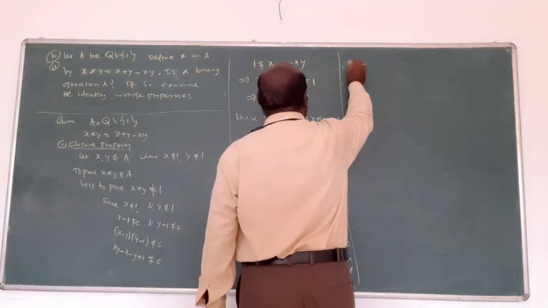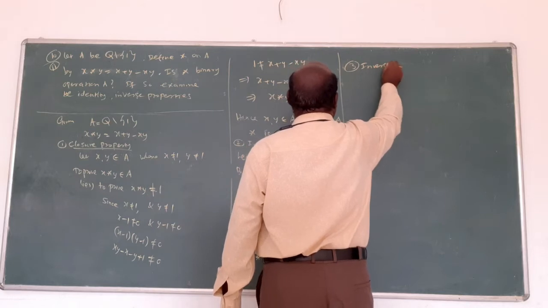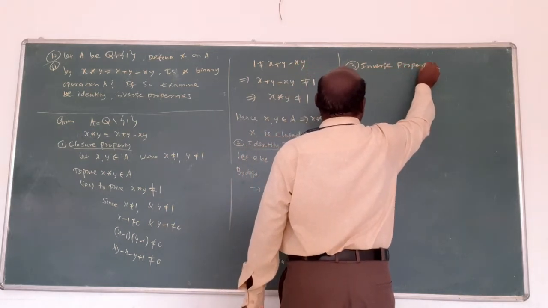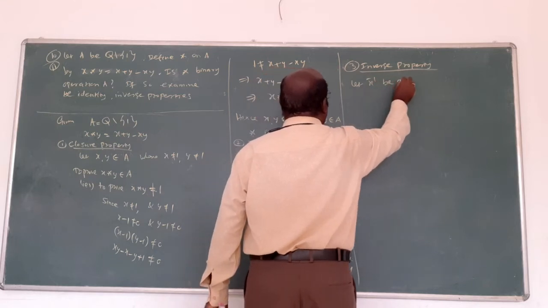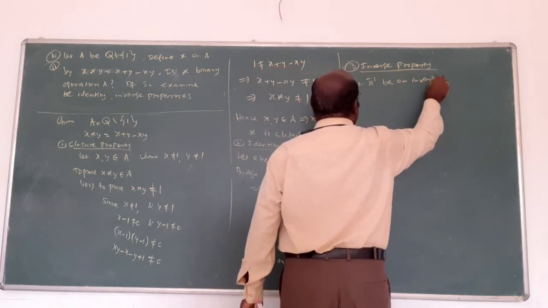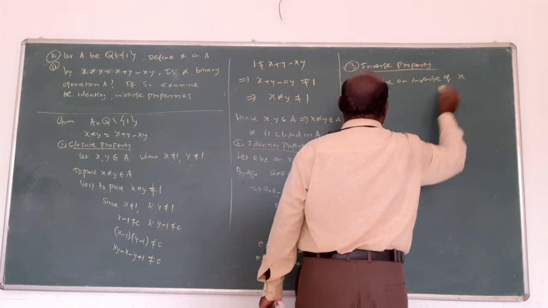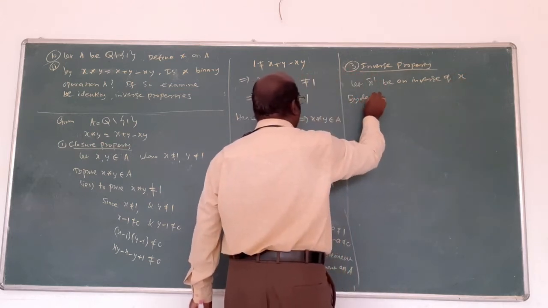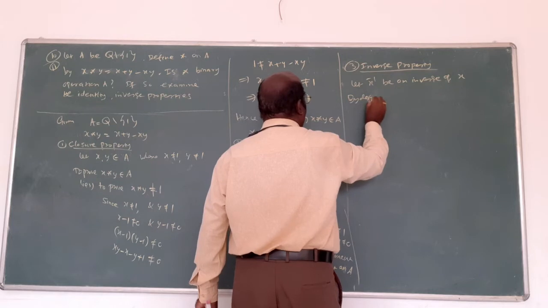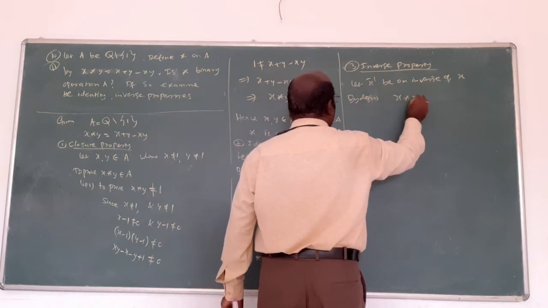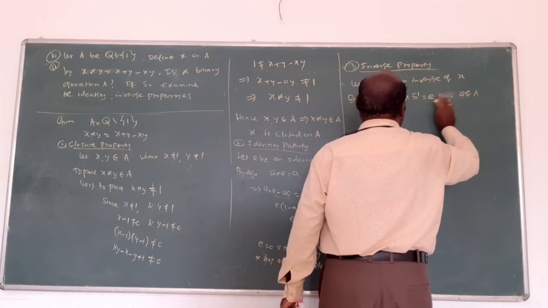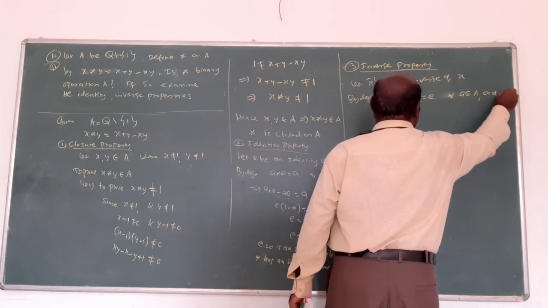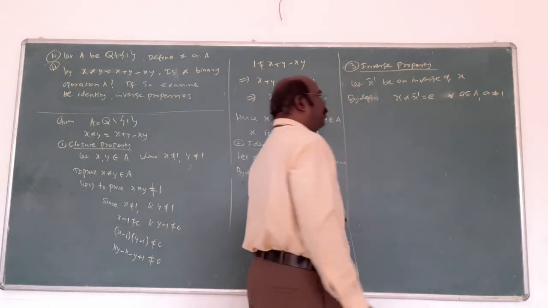Similarly, inverse property. What I told you? Let x inverse be an inverse of x. By definition, x star x inverse equal to E for all x belongs to A, and A not equal to 1 is important. Am I right?